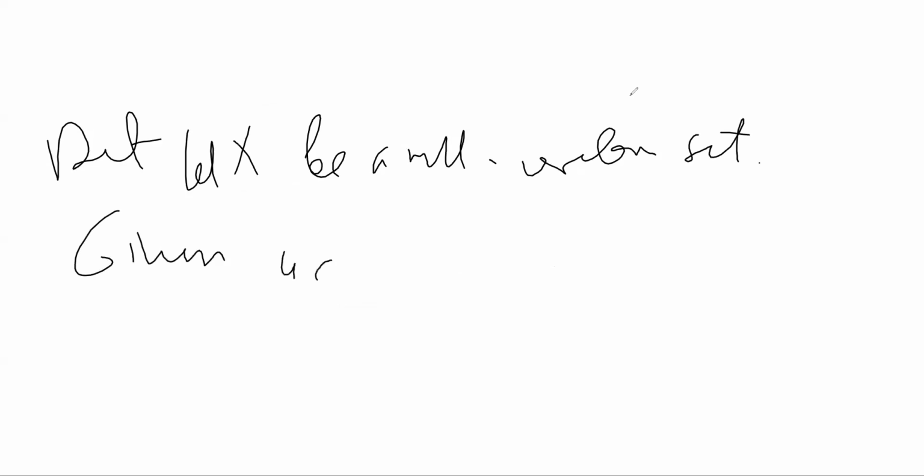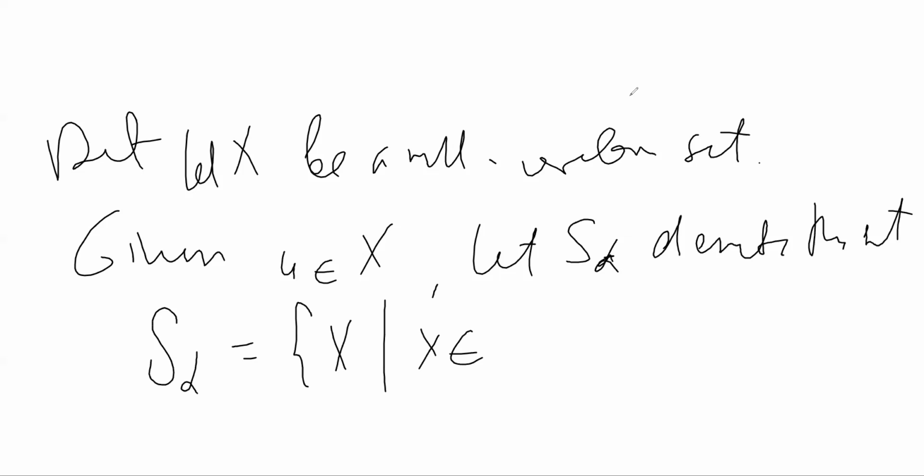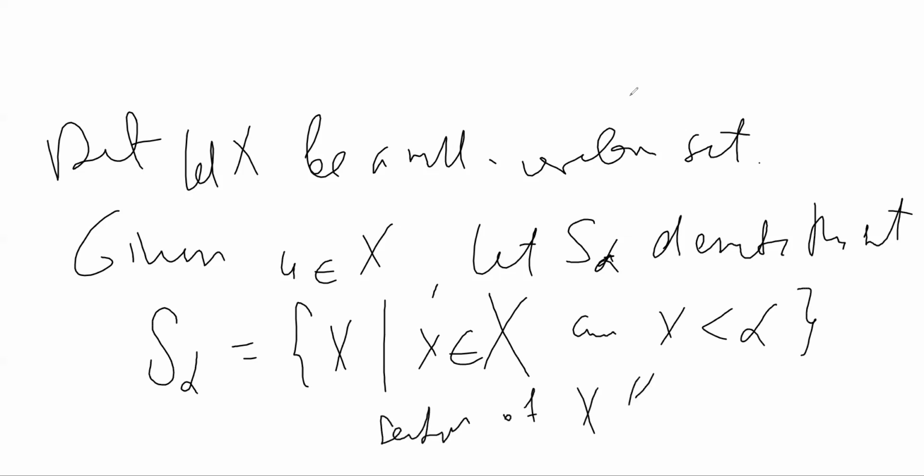Given alpha in X, let S alpha denote the set S alpha equals all small x's which are elements of the big set X, and all those x's are less than alpha. So it kind of looks like a cut, or it's also called a section of X by alpha.